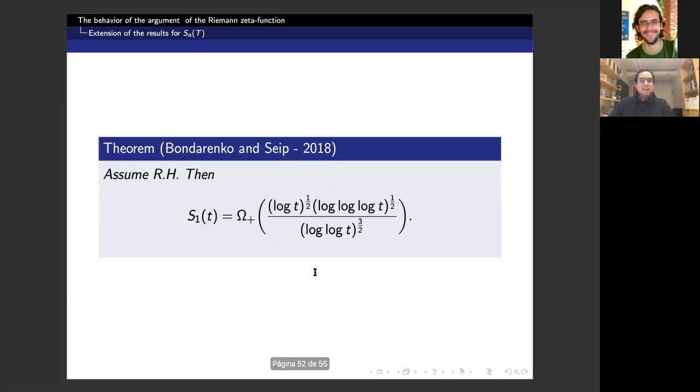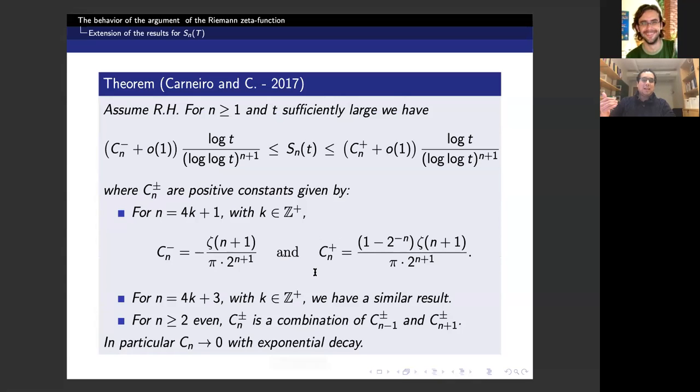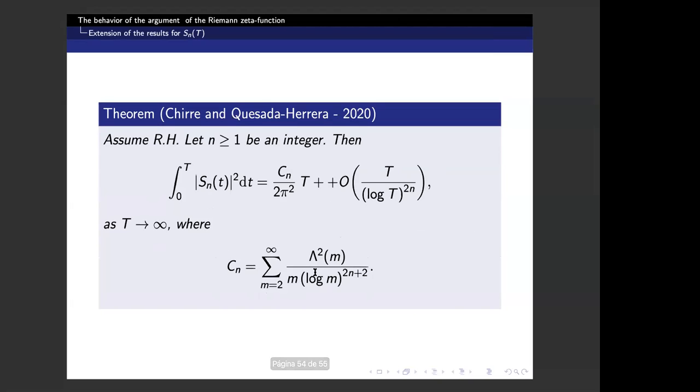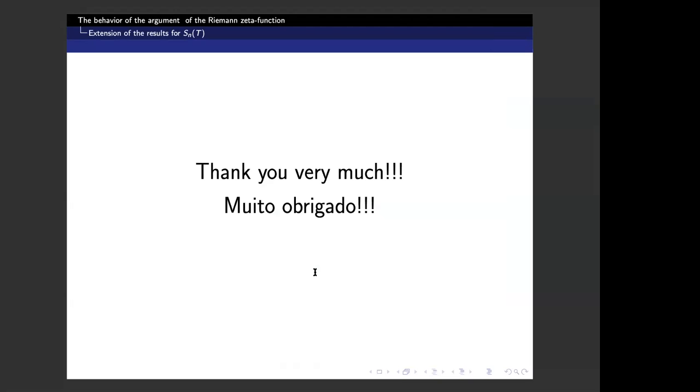So finally, similar to the argument function S(t), now we have this result for S_n: bounds for S_n using band-limited approximations, and Omega results for S_n using the resonance method. And the second moment too. Okay, this is the talk. Thank you so much for your attention.